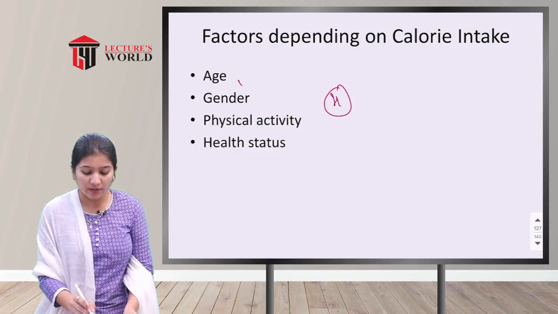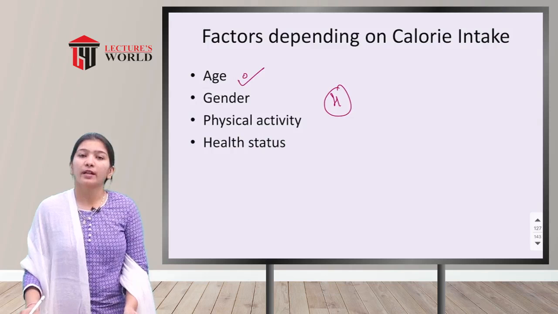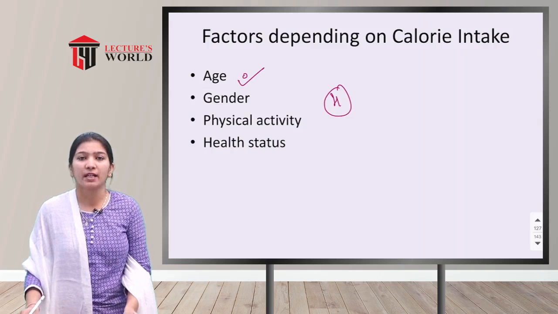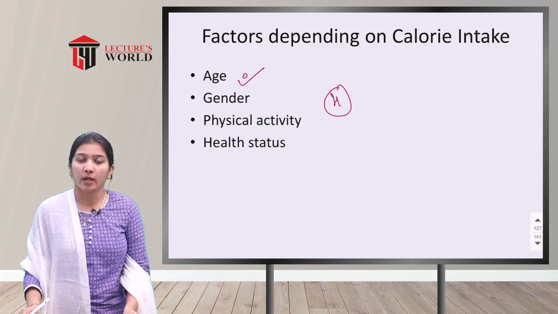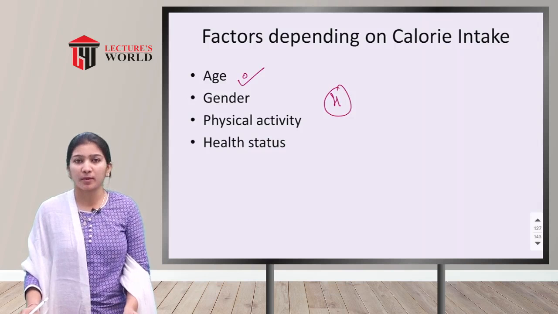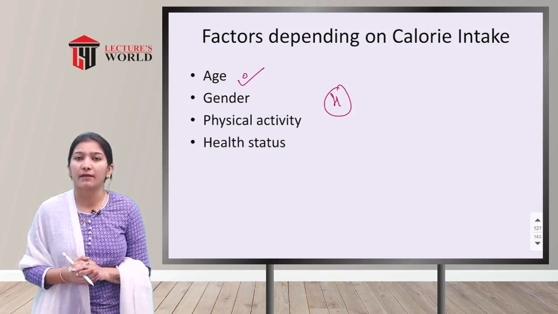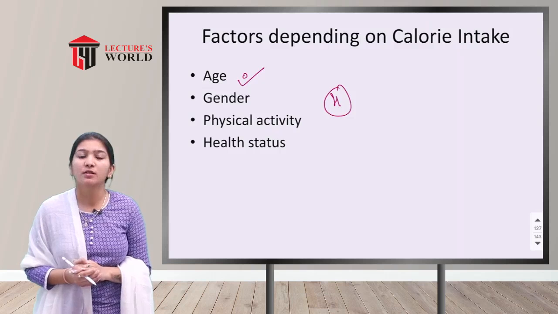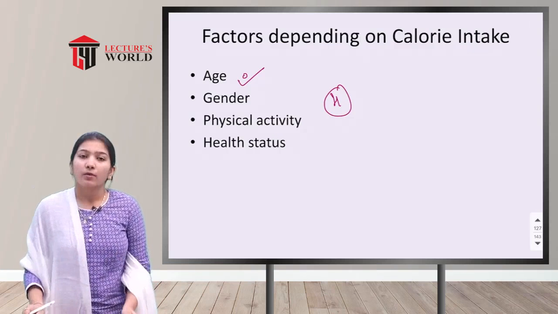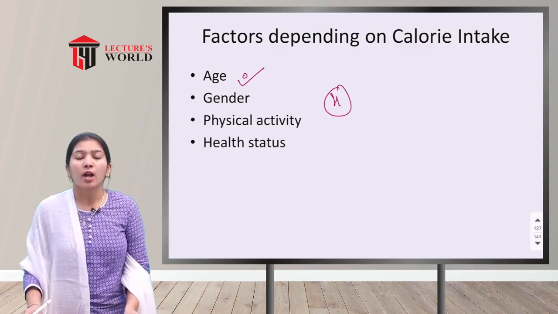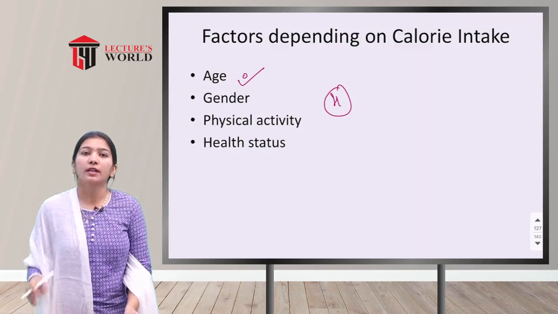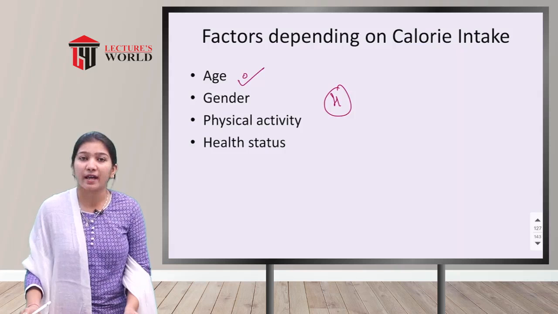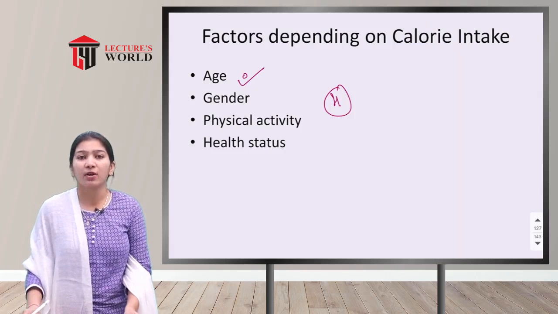First is the age. Small children have a very high calorie requirement compared to old age people. Adult males and females both have a high calorie requirement because they have an active life, in comparison with old age persons, the geriatric people, who are spending their life in a sedentary lifestyle because they do not have any kind of activity level.